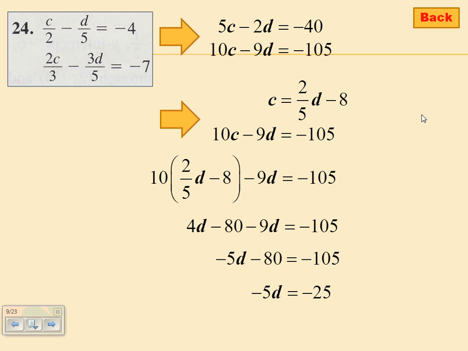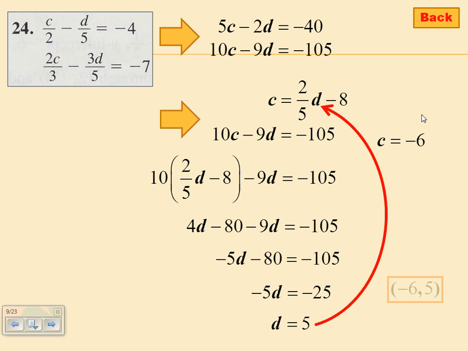Add 80 to both sides. Lastly, divide both sides by negative 5 to get d equals 5. So I'm finished with this part, but I still have to figure out what c is. So I plug that into there. 2/5 times 5 minus 8 will eventually get you negative 6. The final answer is negative 6, 5.